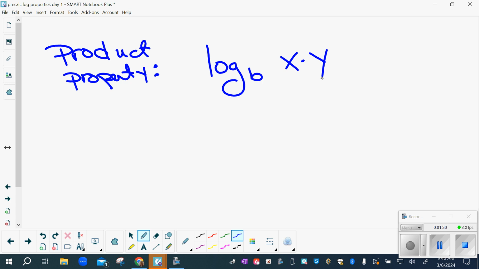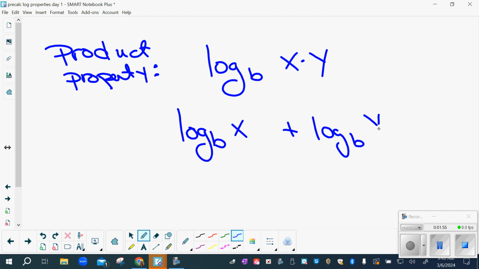So if I have 2 numbers that are multiplied together, when I have logs, I can stretch them out using, and here's what's crazy, addition. So it equals log base b of x plus log base b of y. When they're squished together, you multiply them. When you stretch them out, you add them. So that is our first one.